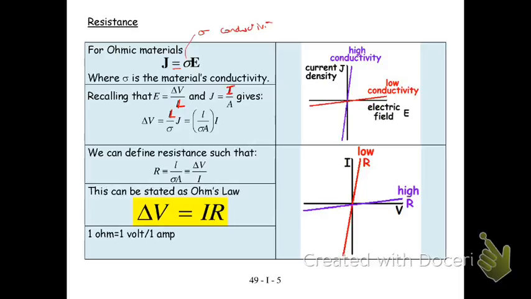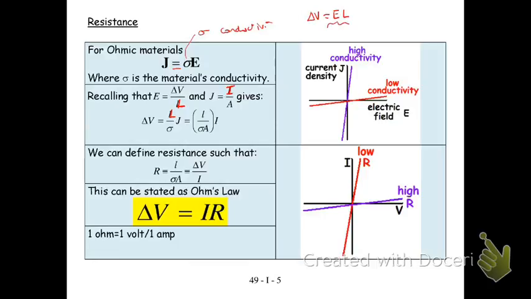Did I do that right? Delta V equals EL. That's my delta V, and I substitute in for my E. I'm making hard work of this, I know, I'm sorry.